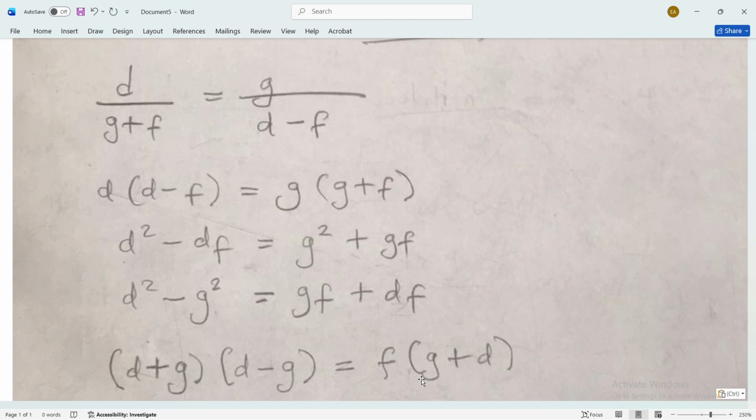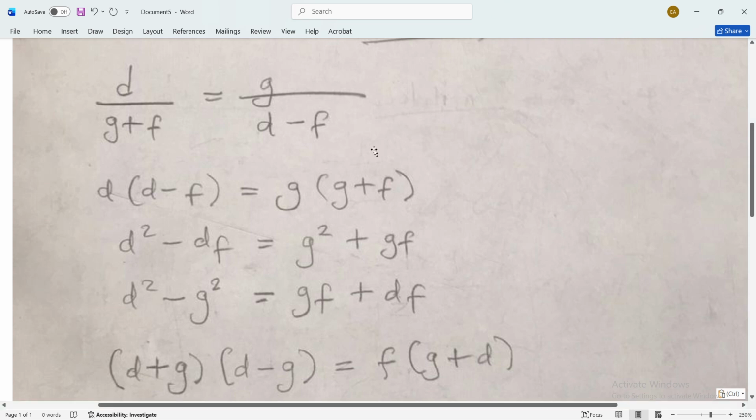And what variable can multiply f for us to get positive df? That variable is positive d. So on our right hand side of the equation, we have f factored out, multiplying all in brackets j plus d, right?